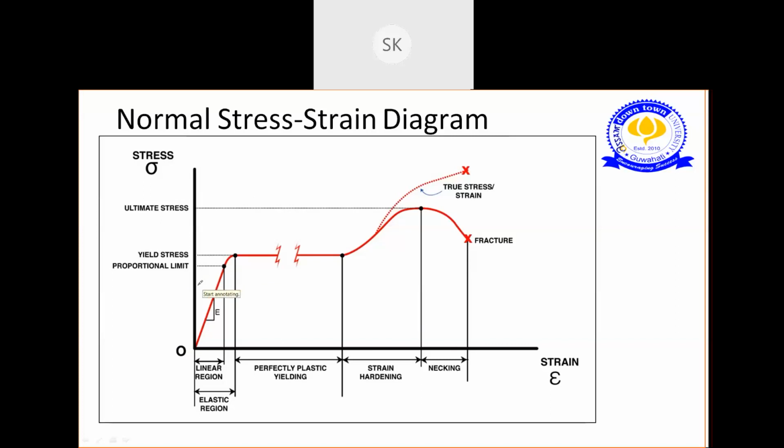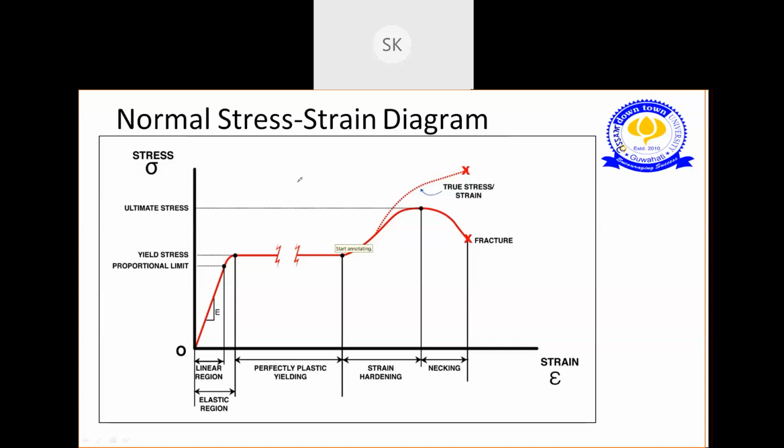You will find over the net that different stress strain diagrams are there for steel, aluminium, alloy. Every different material will have a stress strain diagram, but these elements will be the same. This element, this element, this element, and this element. It will have a linear region, and this part is nothing but your non-linear region. Okay, so let's discuss this graph.